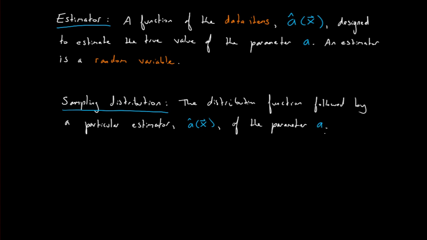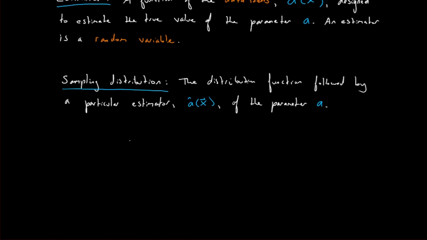And this is a parameter of the population, of course, so I want to be very, very clear about that. And the sampling distribution has a form, so we're going to say P of A hat given A. So this is the value of the estimator given the true values of the actual parameters.